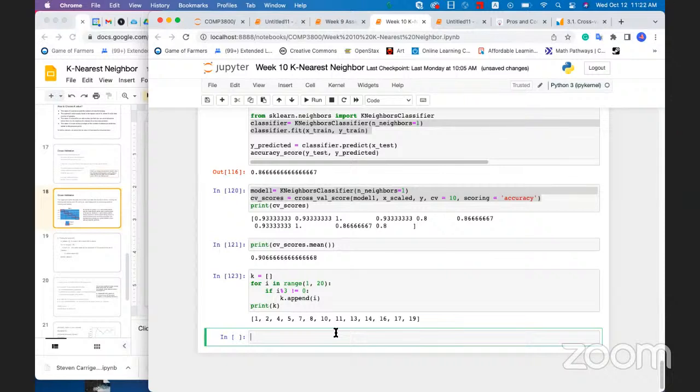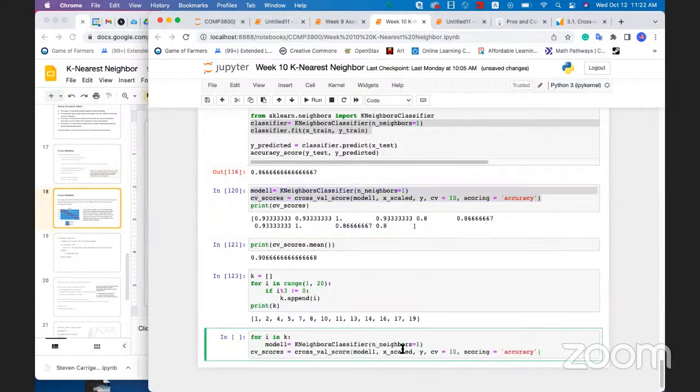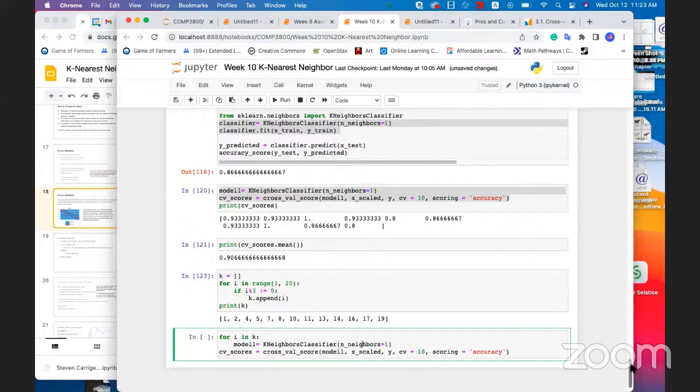So now I can use this k, and for i in k, let's see that for k. And then I repeat this code. This one should change to instead of a fixed number 1, we are iterating it, right?